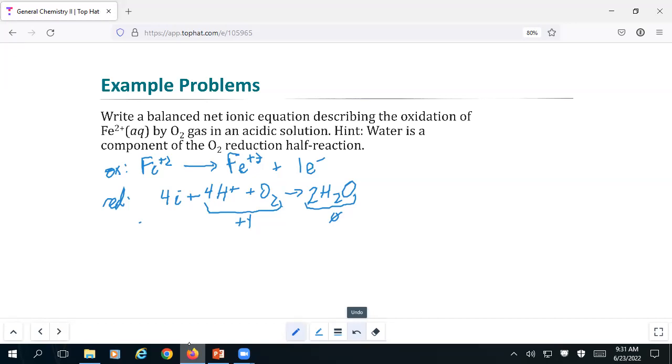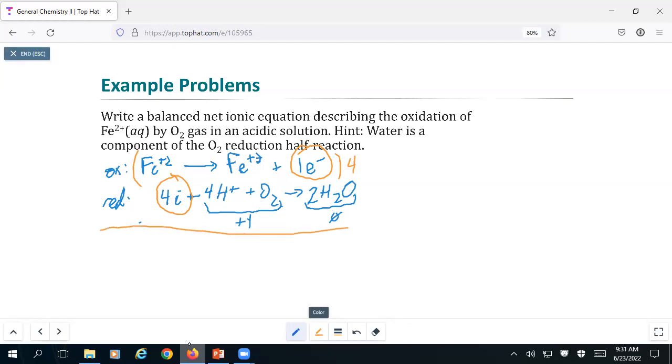Before I combine them together, I got to take care of the mismatch of electrons being moved around. Oxygen can't get 4 electrons if the iron's only giving away 1. So lowest common multiple between 1 and 4 is 4. I need to multiply this top reaction by 4.